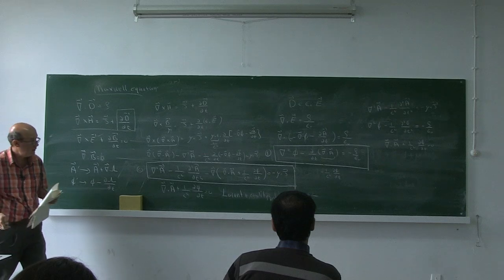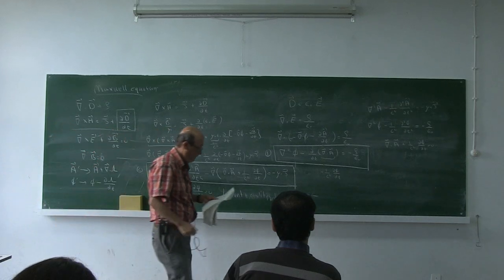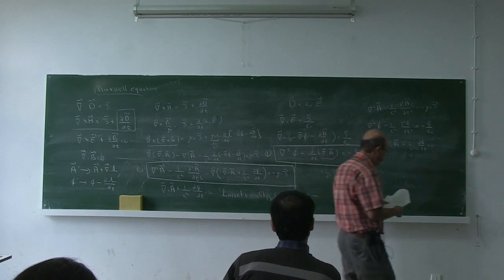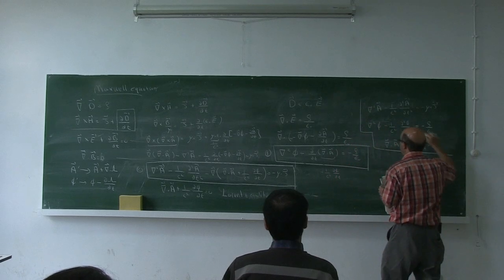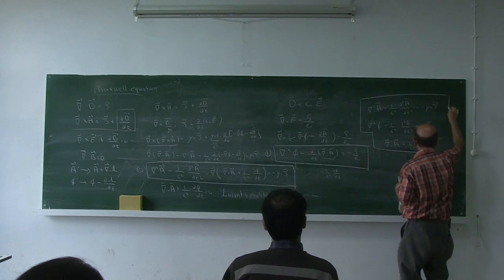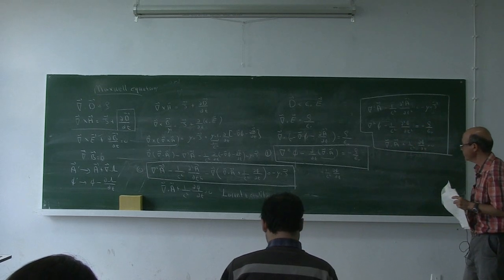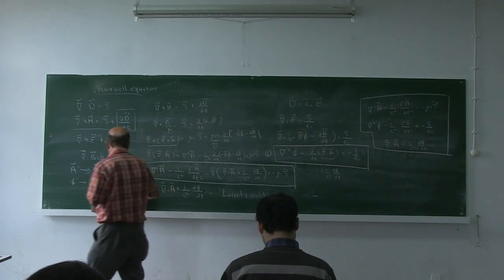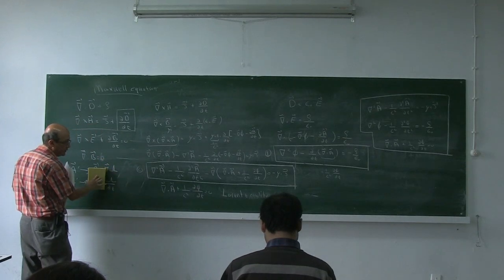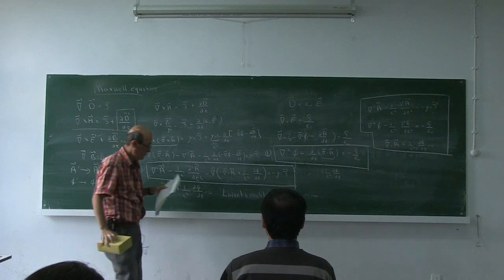Okay, now let me look at what is going on with the Lorentz condition under the gauge transformation first, and then I will define another gauge which is called the Coulomb gauge.